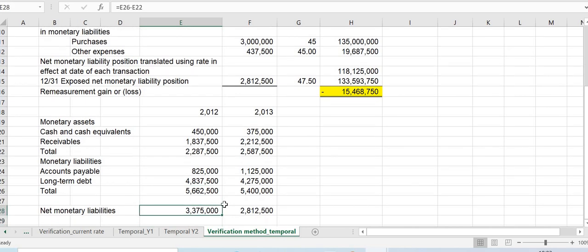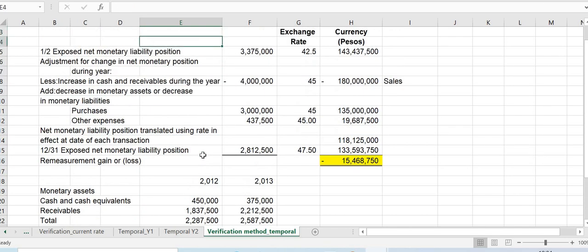So your net monetary liability is the difference between total liabilities and total assets. Since mas greater man yung total monetary liabilities kaysa monetary assets, you'll have net monetary liabilities of 3,375,000. And of course, that will be translated using the exchange rate on December 31, 2012.